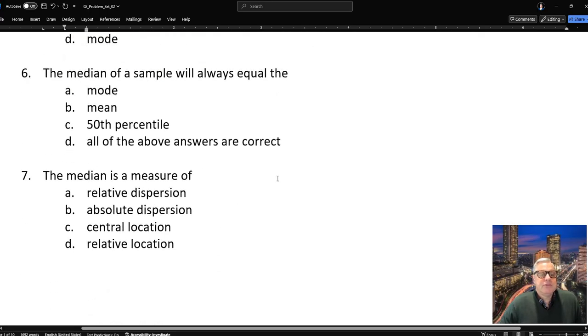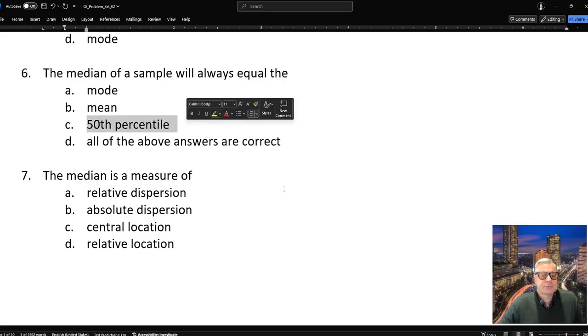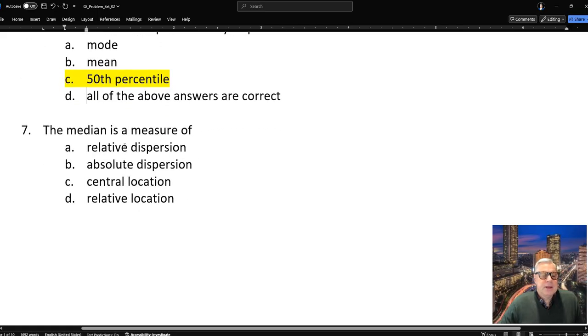The median of a sample will always equal the mode, the mean, the 50th percentile, or all of the above. Now the median is the midpoint, that's the 50th percentile. The median is a measure of relative dispersion, absolute dispersion, central location. Of course, that is central location.